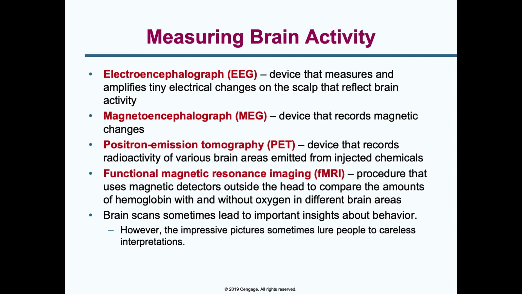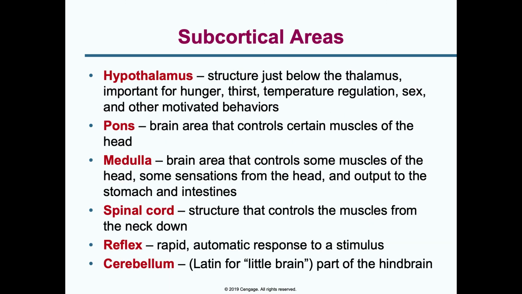Because again, sometimes individuals want to create a conclusion based on this very nice looking picture from one of these scans of a brain, where we really can't make that conclusion without more solid evidence about what is going on. Okay, so that's the most important thing to remember here. Okay, now there are sub areas of the brain. We talked about the forebrain, the hindbrain, the midbrain.